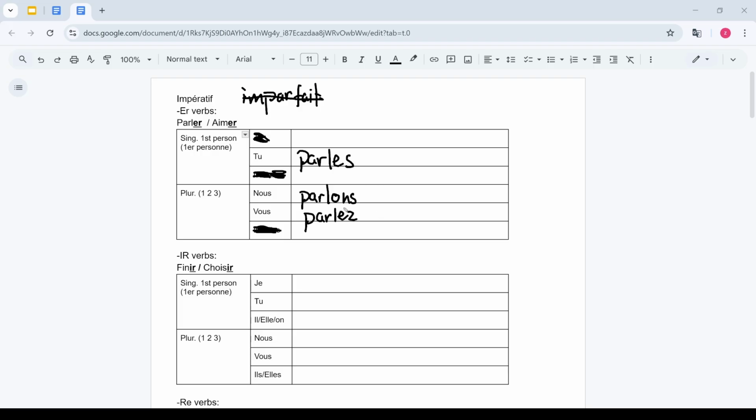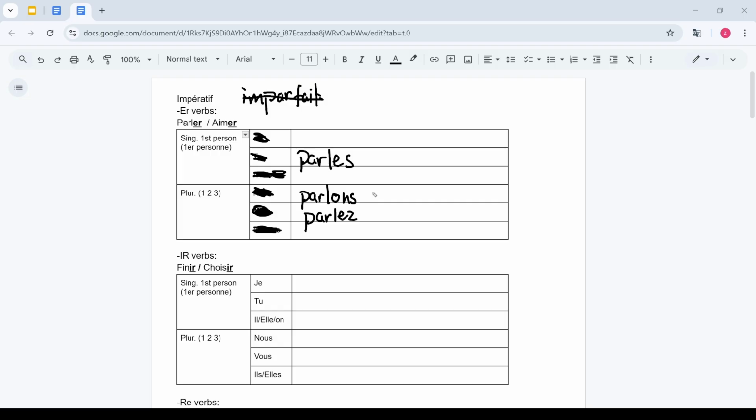Now there's one last step we need to do, and it's to remove the subject. So instead of saying we do this or you go do this, even in English we would say go do this. So we just have our verb. So if we wanted to give an order to someone and tell someone to talk, then we would say parle, parlons, parlez.